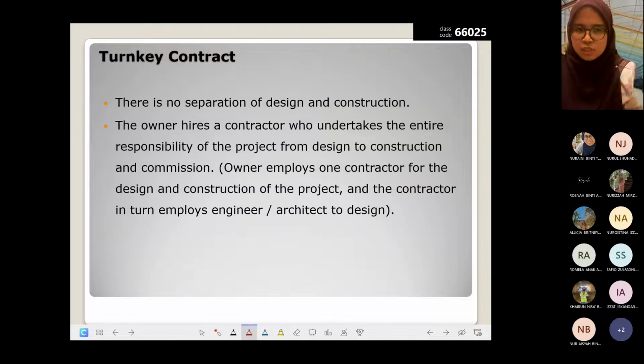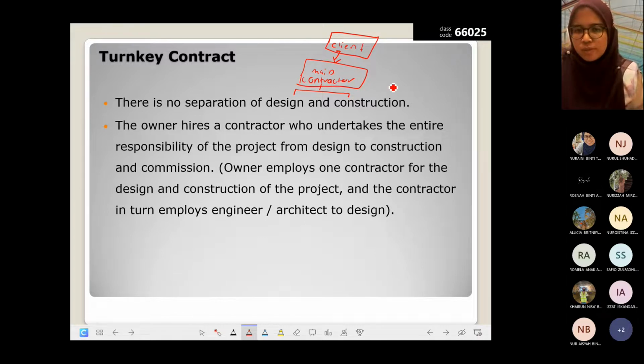So untuk turnkey contract, there is no separation of design and construction, meaning that contractor akan control these two. Okay, so this is under the main con lah. Meaning that daripada client, so this is the client. Client dia akan hire terus kepada main con.